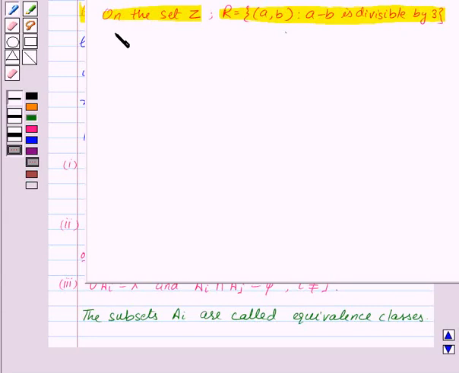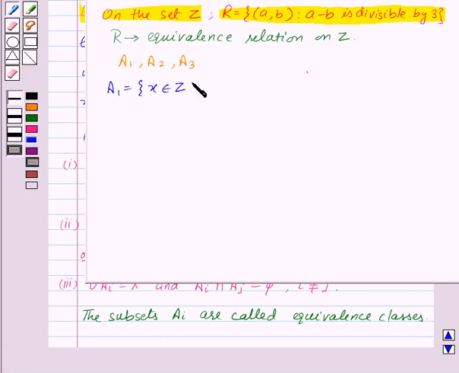For this, we have already proved that R is an equivalence relation on Z. Now, for this, consider the subsets A1, A2, A3 of Z, where A1 is defined by the set of x belonging to Z such that x minus 0 is divisible by 3.